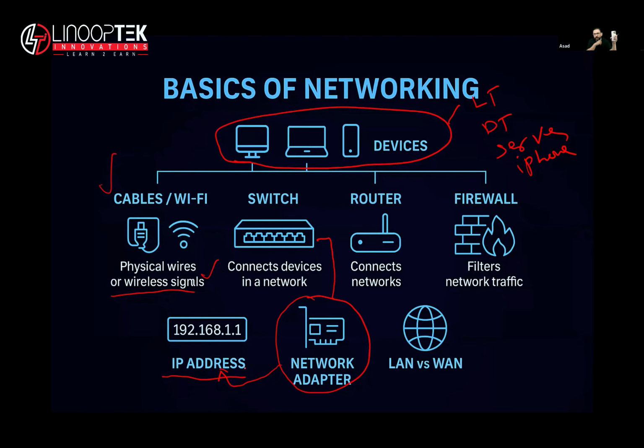If you have a cell phone, it has a logical address: your cell phone number. If you're born in England, you have the national health insurance number. If you're born in Pakistan or India, you have some national ID number. That's your logical number. That's how the system recognizes you. So all the devices on the network have a logical address. That logical address for computers is the IP address.